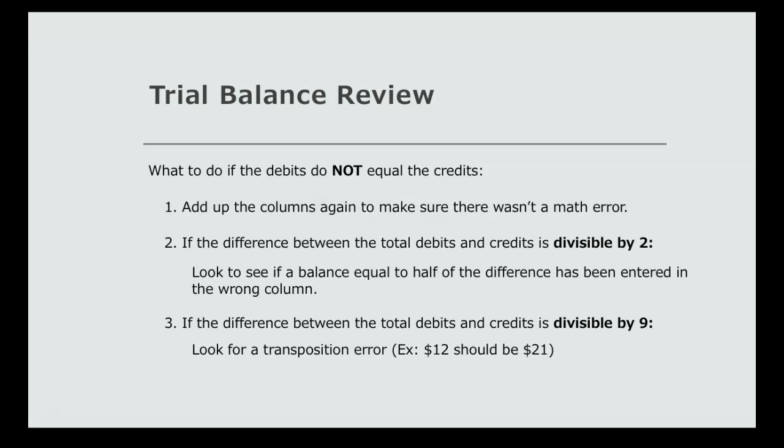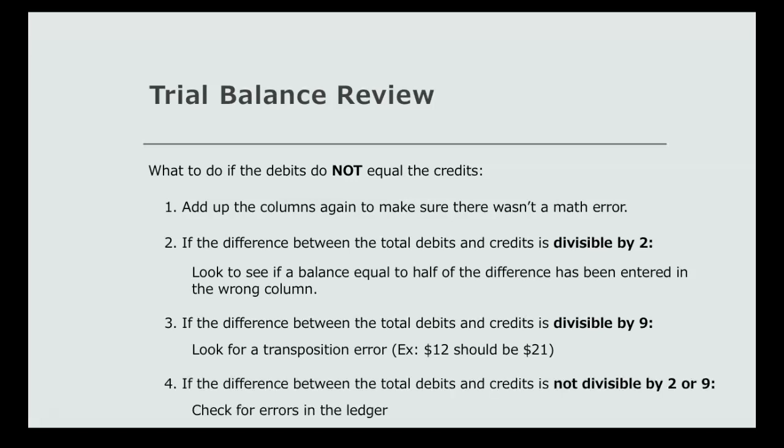Now, let's say all of the math was correct and the difference is not divisible by 2 and it's not divisible by 9. Then what do we do? Well, that's when we have to go back and look in the ledger or look in our T accounts and try and find an error there. So that would have meant that the balance that you had for your account is just incorrect.